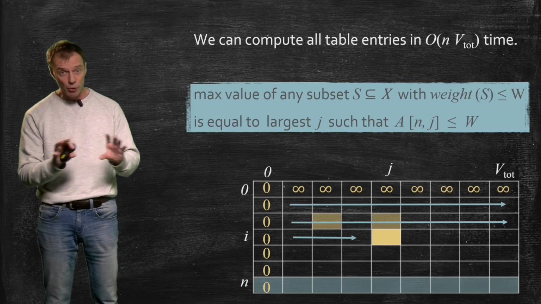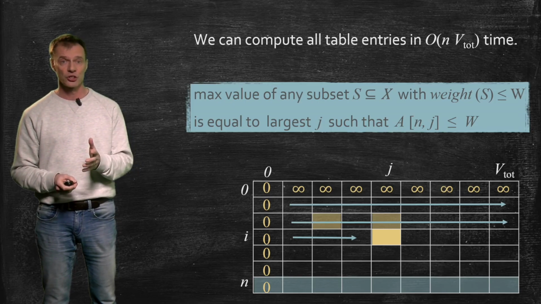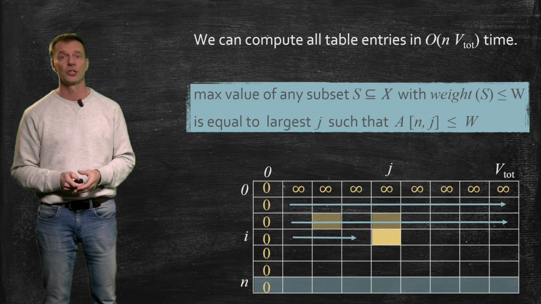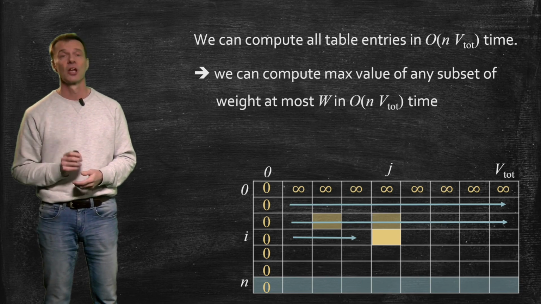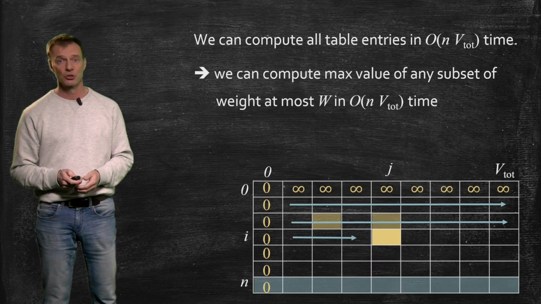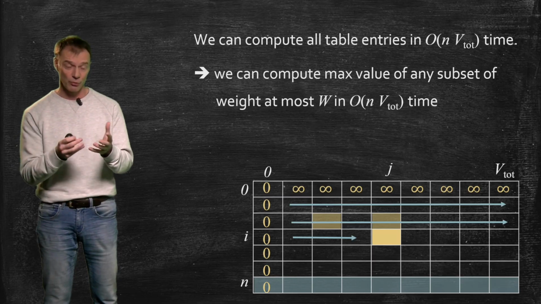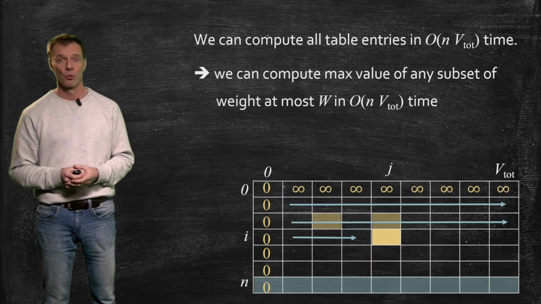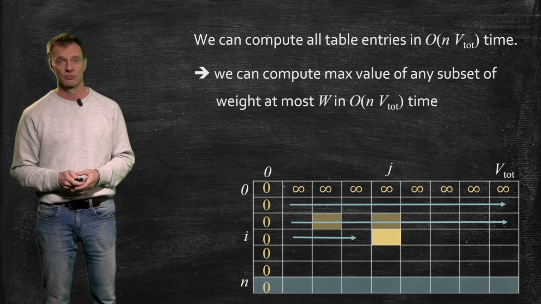We simply look at the bottom row of our table, and there we find the largest j such that this table entry is at most W. So what you can see is, since for each entry in the table I spent constant time, that in total the running time is linear in the number of cells in this table, which is n, the number of items, times the total value of all these items.